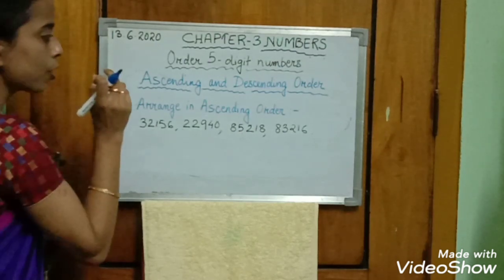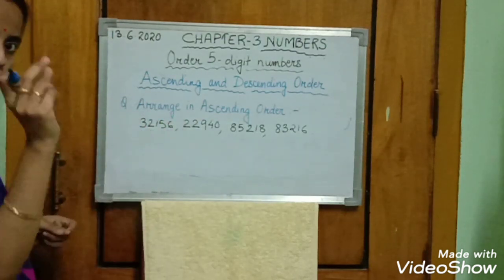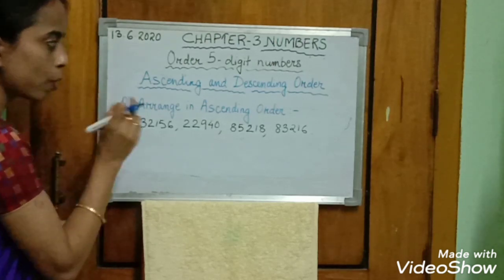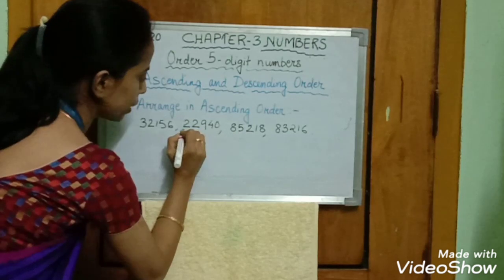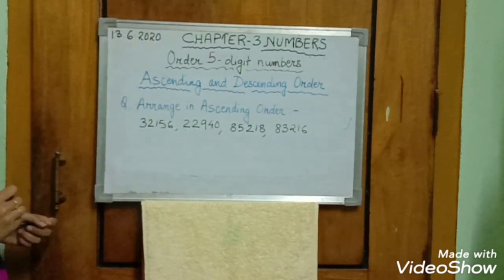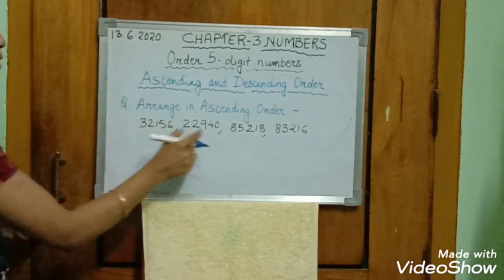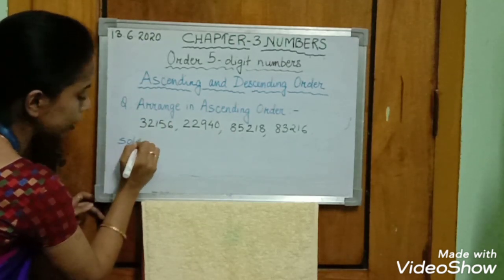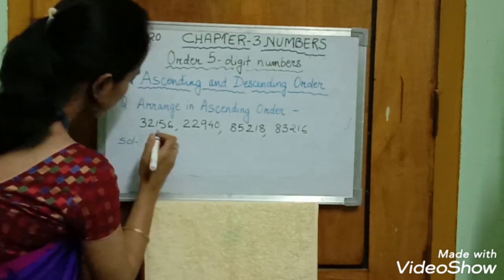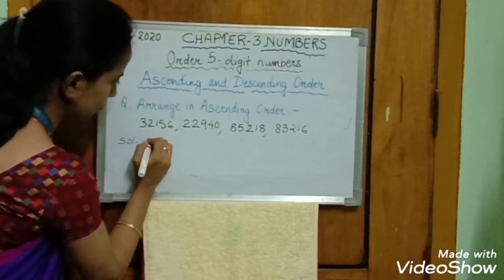Now, from these numbers, which one is the smallest one? By observing this, we can say that 22,000 will come. It's the smallest one. So, which number will come first? 22,000.